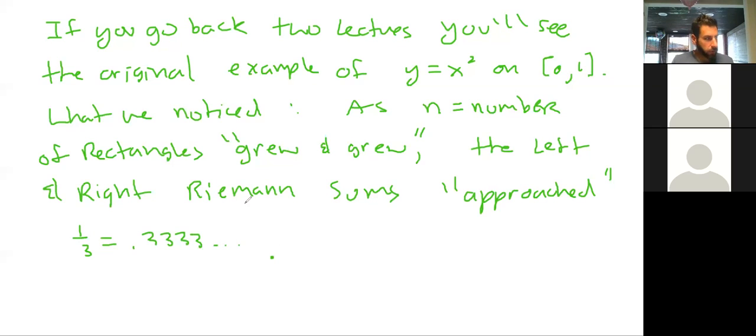So again, go back to our lecture, I believe it was from last Tuesday, and we drew these rectangles, which at the time I didn't tell you that one was the left and one was the right, but if you go back and investigate, you'll see that. And then we did like 4 rectangles, and then we did like 8, and then I went to the computer and we actually drew a little table that showed you that those left and right Riemann sums were both approaching 1/3.